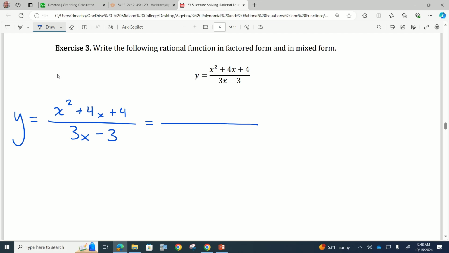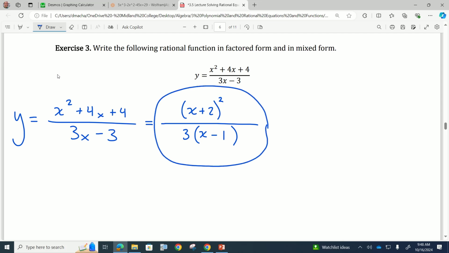So how does the numerator factor? Yeah. The numerator happens to be a perfect square, so that's just x plus 2 squared, and the denominator factors as 3 times x minus 1. Cool. And that would be factored form.